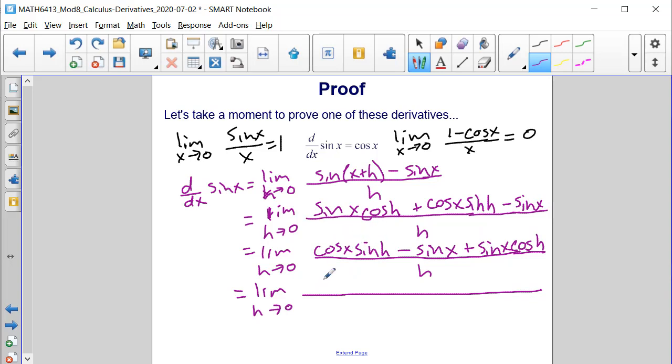So our first term stays the same as cosine of x sine h. But then we have minus sine of x, and that's what we're factoring out of both of these terms. And when I pull it out of the first one, I'm left with simply 1. And then for my second term, it's going to be minus cosine of h, and then all of this is over h. Now we can split this up into two separate fractions and take the limit of both of them.